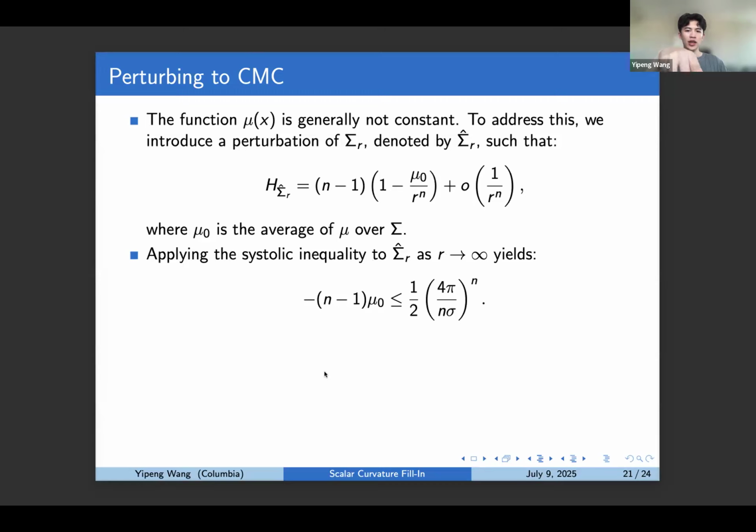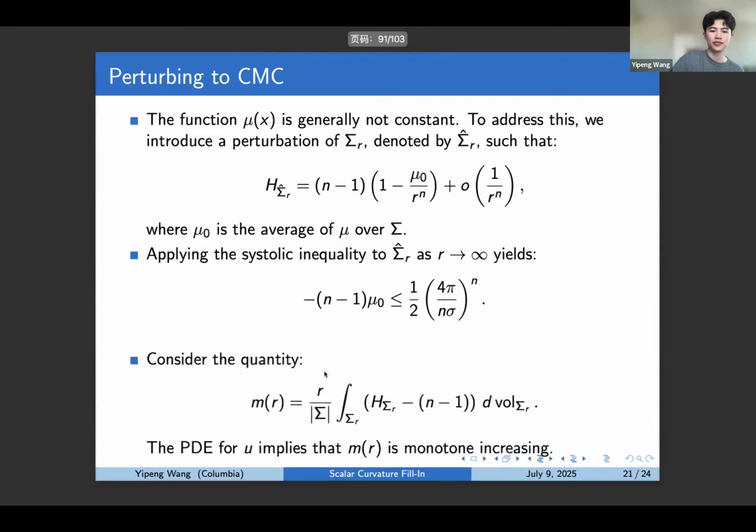And in our case, since our surface is almost like a constant mean curvature surface, the mean curvature at any points will always be very close to each other. Therefore, when you evaluate this excess of mean curvature over n minus one, what you will see is just this constant mu zero, and that gives you this estimate on mu zero.